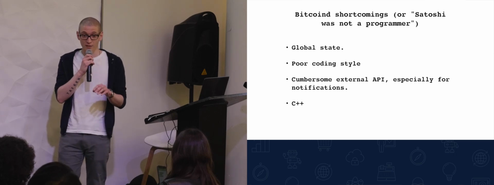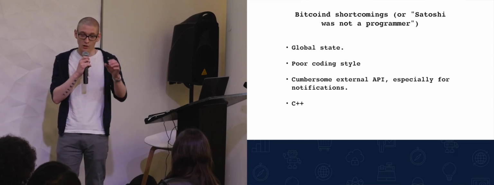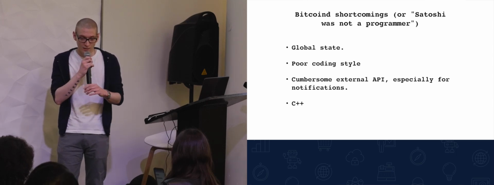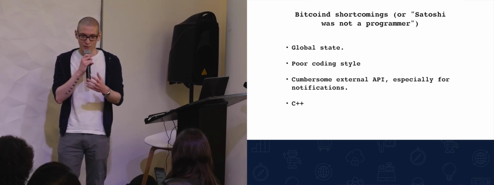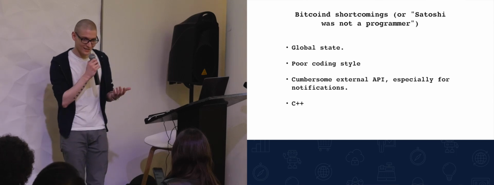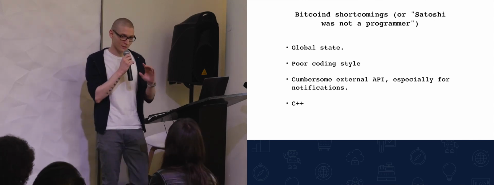If you've never read the Bitcoin code and you go and read the master branch and you can actually understand it, congratulations, you're a liar. You didn't understand it. Nobody's going to understand it.